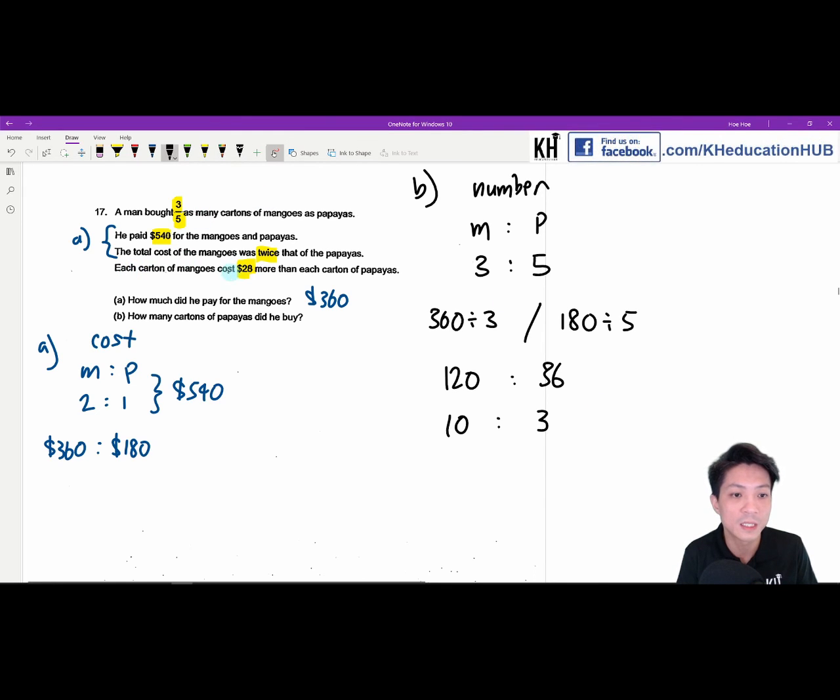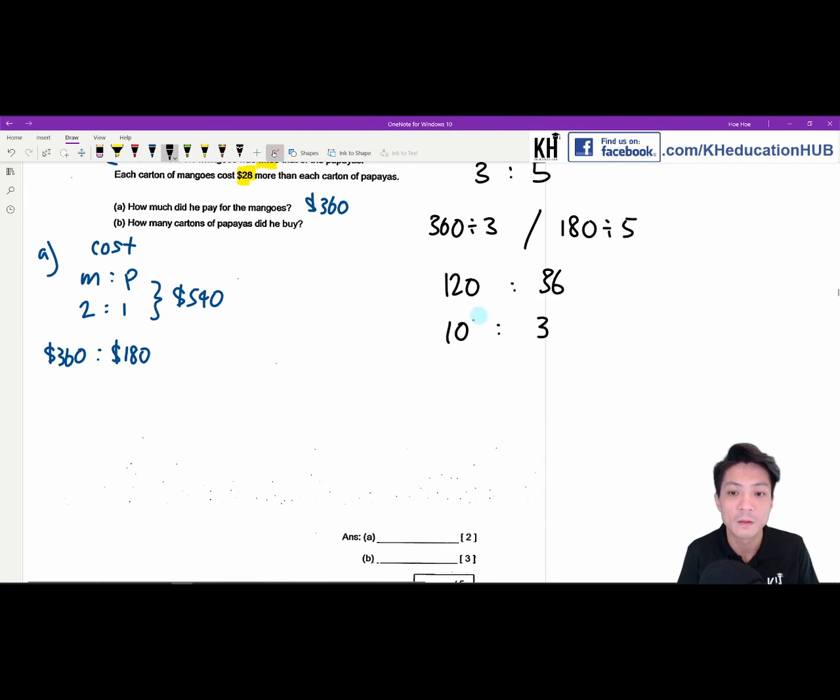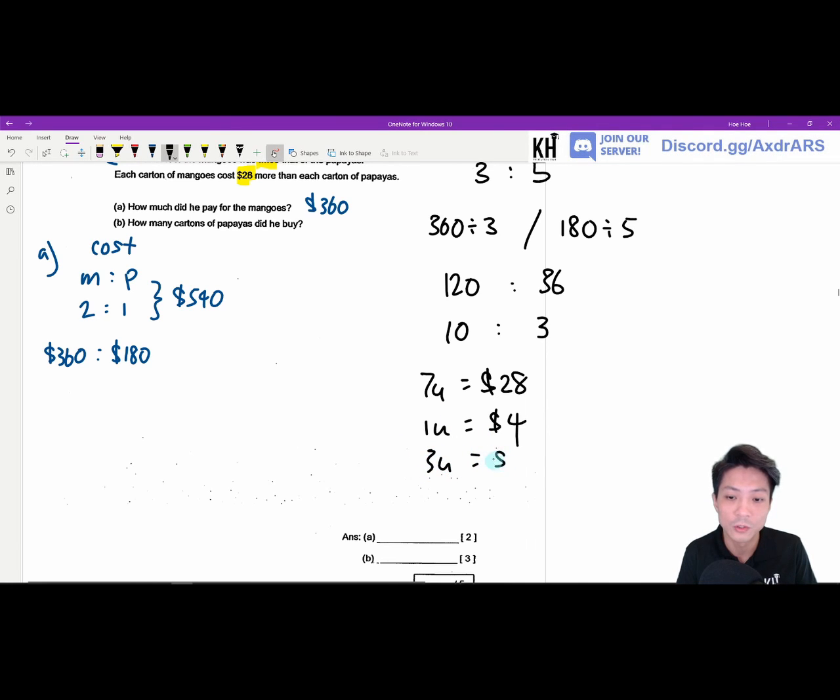And remember, each carton of mangoes costs $28 more than each carton of papaya. So over here we know that 7 units is equals to $28. 1 unit is equals to 4. 3 units is equals to 12, and 10 units is equals to $40.